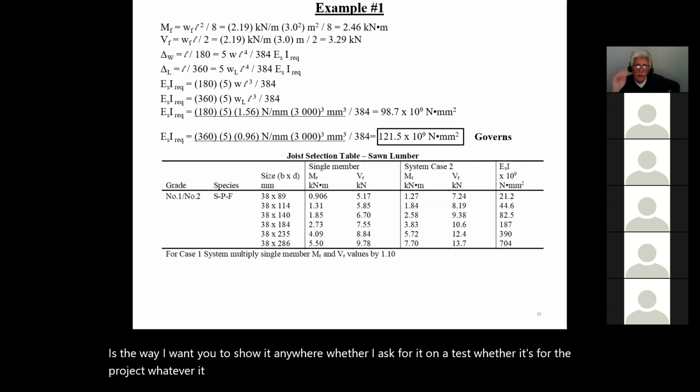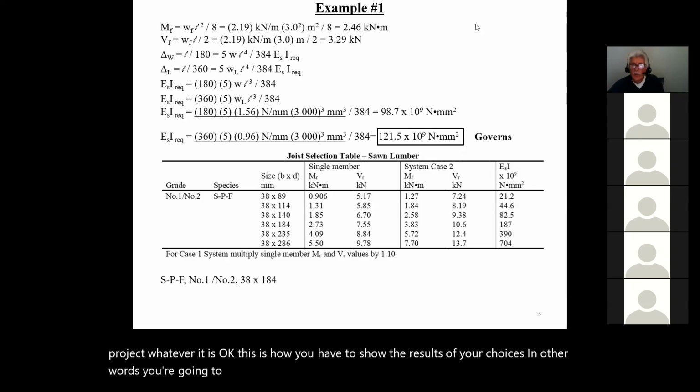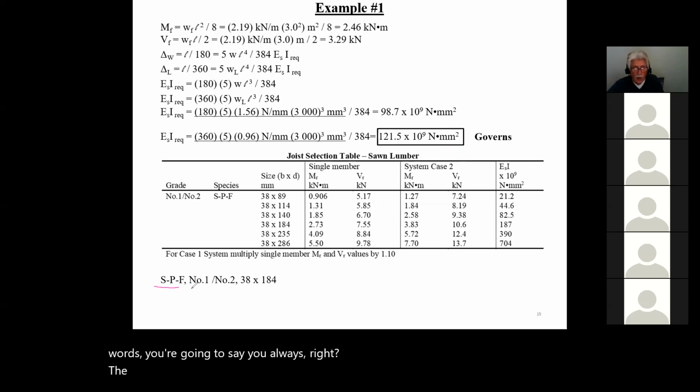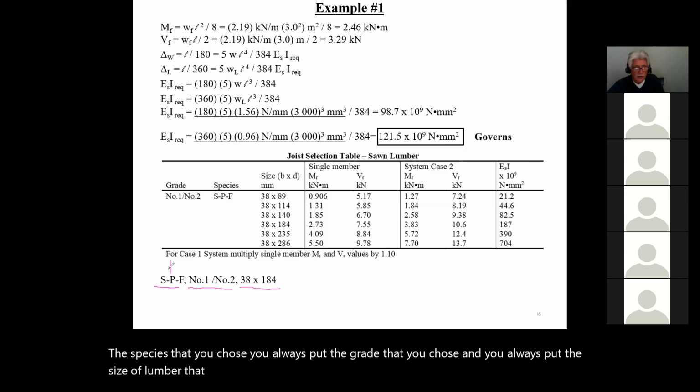This is how you have to show the results of your choices. You always write the species that you chose, you always put the grade that you chose, and you always put the size of lumber that you chose. So in other words, species, grade, and size.